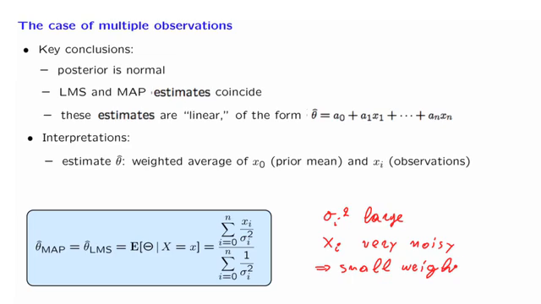So the weights are determined by the variances in a way that is quite sensible. Those observations that will get the most weight will be those observations for which the corresponding noise variance is small. So the solution to this estimation problem that we just went through has many nice properties. First, we stay within the world of normal random variables because even the posterior is normal. We stay within the world of linear functions of normal random variables, and the form of the formula that we have itself has an appealing intuitive content.